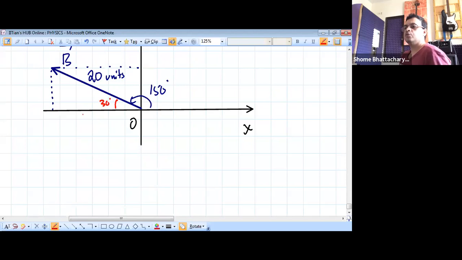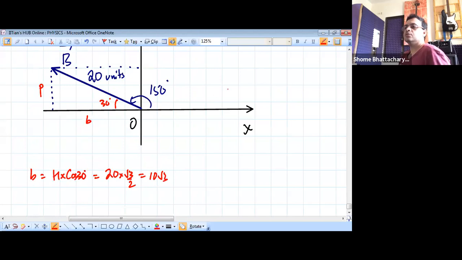Okay. So what would this become? This is the base, let's say, and this is the perpendicular. So the base would become the hypotenuse multiplied by cos 30. And the hypotenuse is how much? It is 20. Okay. So the base would become 10 root 3.